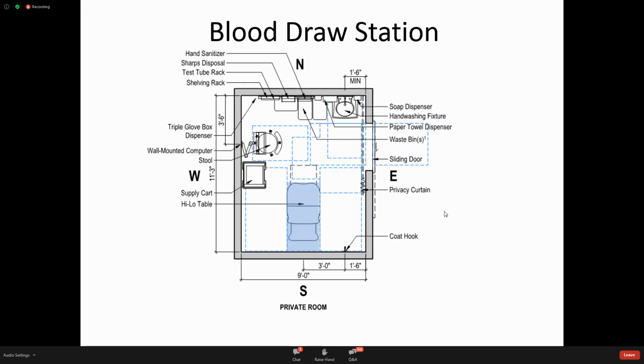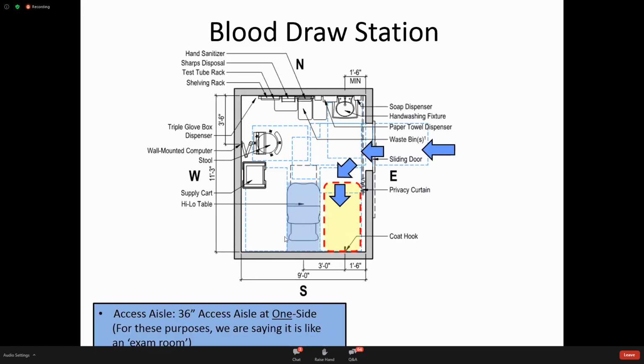And then a second version of that. Of course, there are people whose blood you take and they faint. So we want to lay them down on an exam table. Now we're back to what feels like an exam room arrangement. You could argue that you're only obligated to have one side only because it's very much like an exam room.